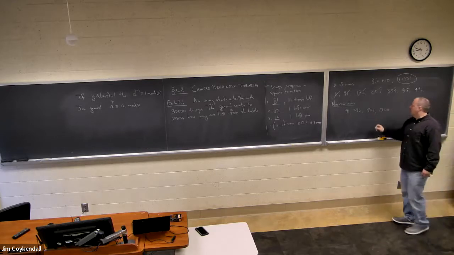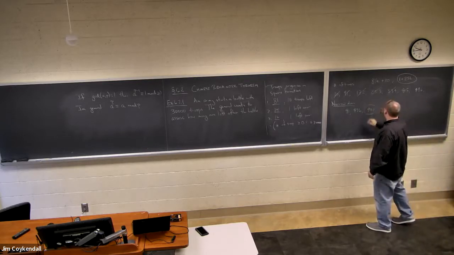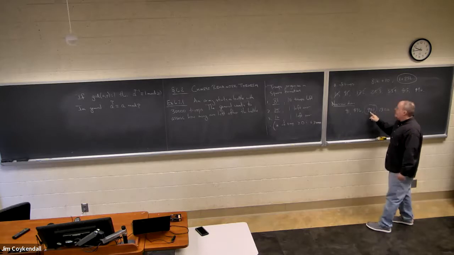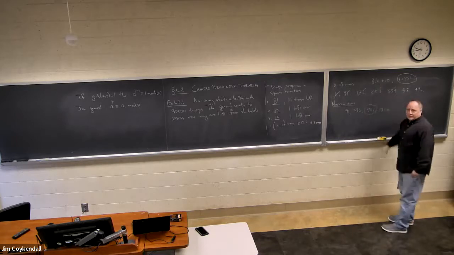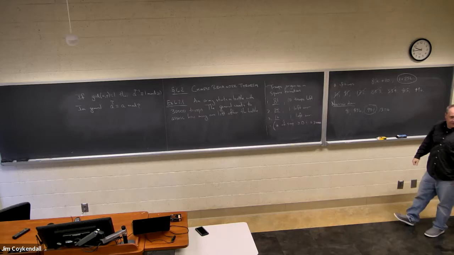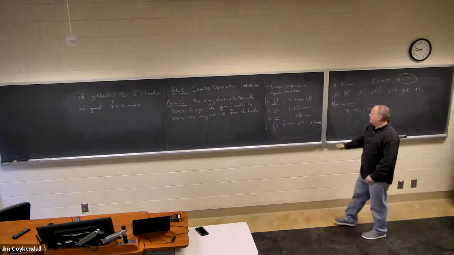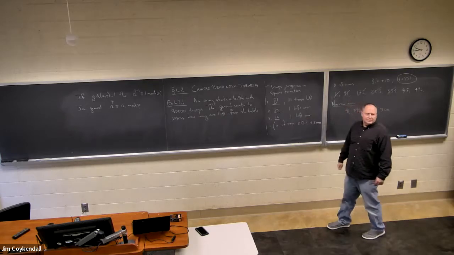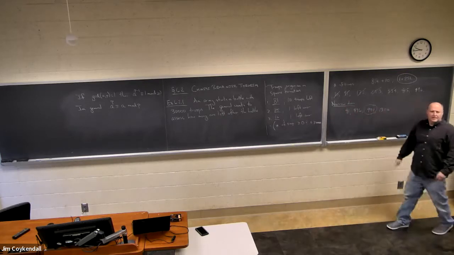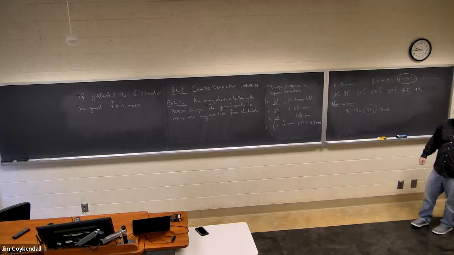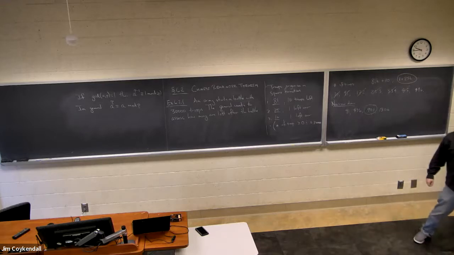Anybody want to guess? So here's the first opportunity, 901. Everybody agree that 901 satisfies this and this? Does it satisfy this? 900, I think, is divisible by 4, but not 16, right?